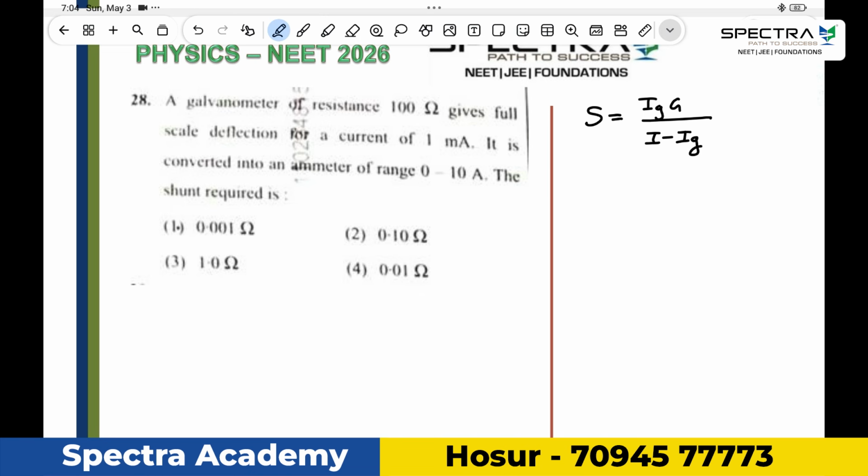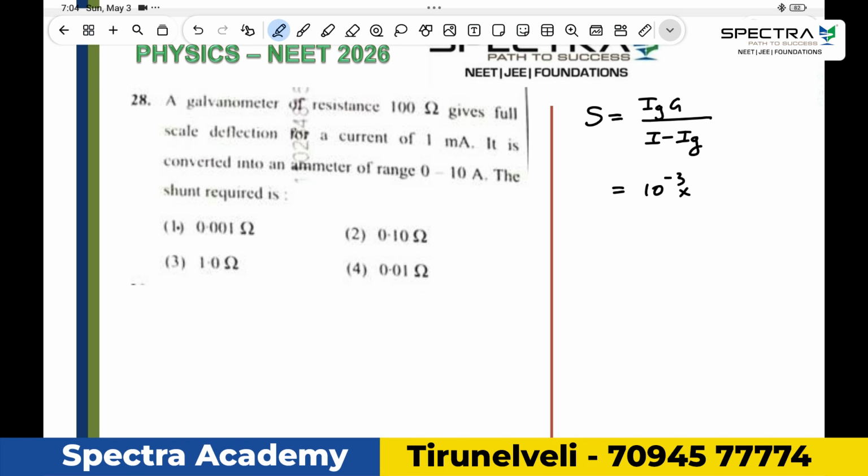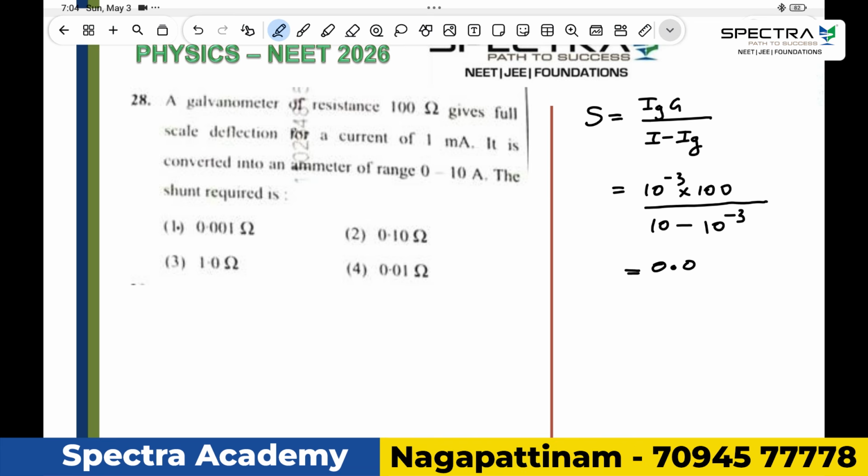It's a direct question. So if you substitute, what is the Ig value? 1 milliampere, that is 10 power minus 3, into G value, which is 100, divided by I minus Ig. What is I? That is 10 minus Ig, that is 10 power minus 3. What will be your answer? 0.01 ohm. That is the fourth option.